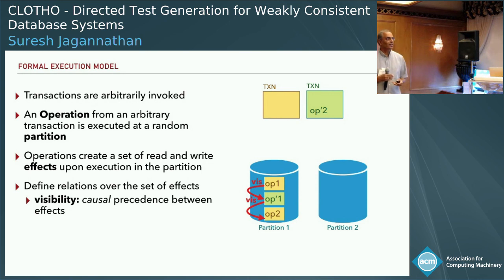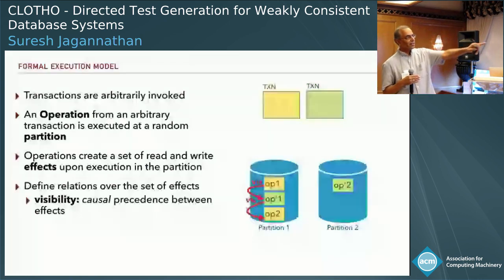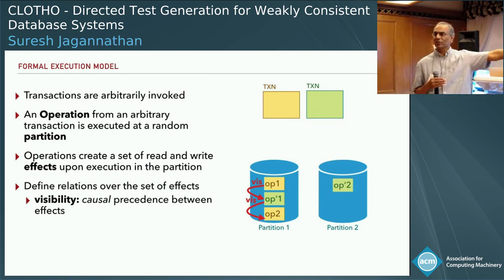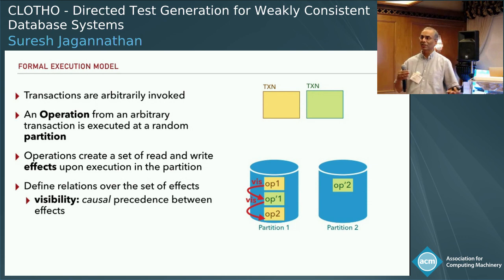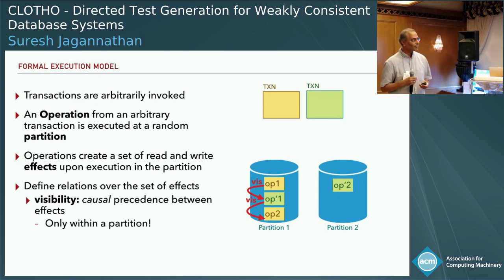And so forth and so on. But observe that op2 prime, which executes on a separate partition, need not necessarily be aware of the other operations on this other partition. That's the nature of the weakly consistent model that we're considering. So things that are sitting in one partition must see each other's effects. Things on other partitions may or may not see the effects of other operations.